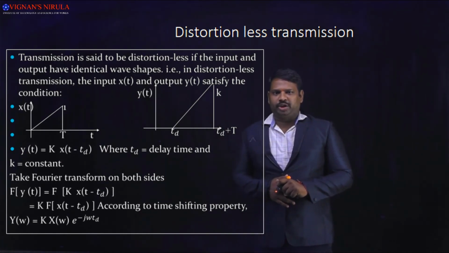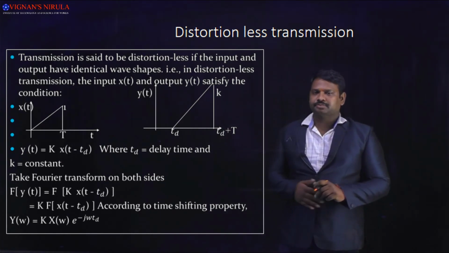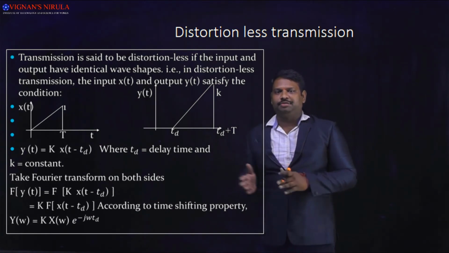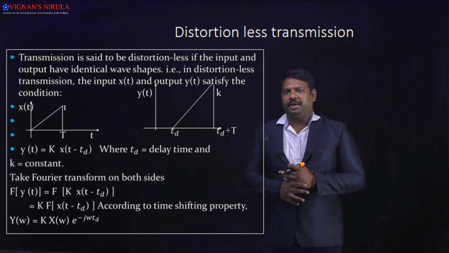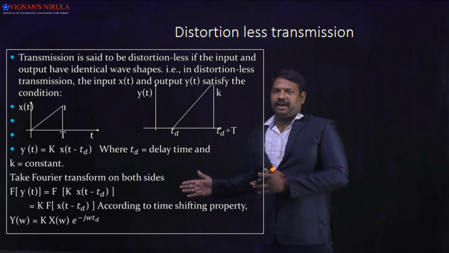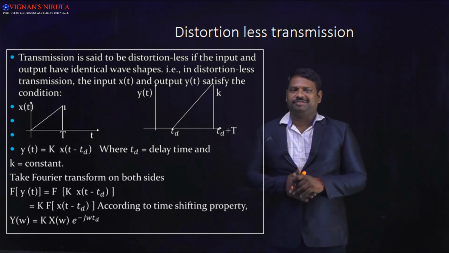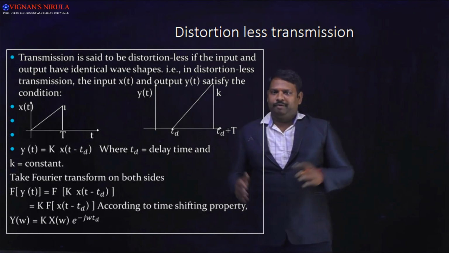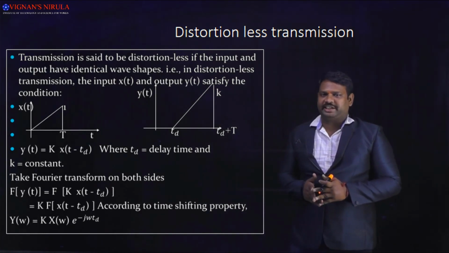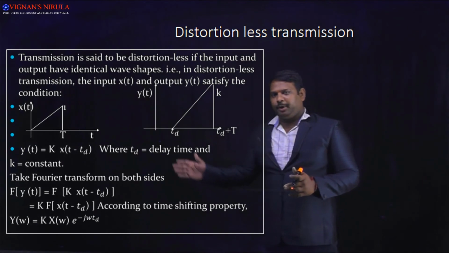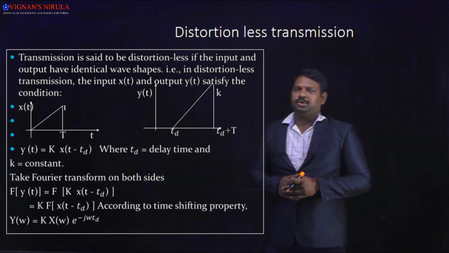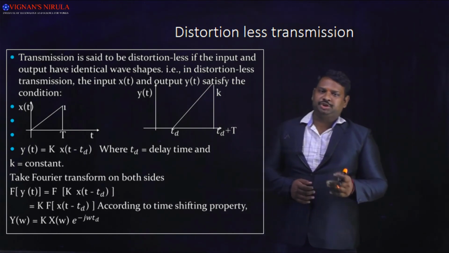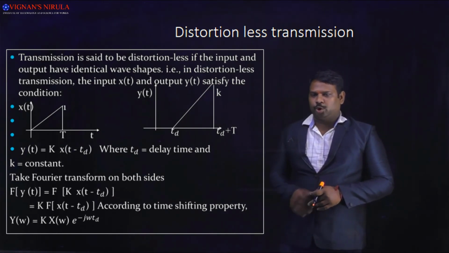Taking the Fourier transform on both sides, the Fourier transform of y of t is equal to the Fourier transform of k into x of t minus td. Keeping k outside, the Fourier transform of x of t minus td gives k into X of omega into e power minus j omega td.